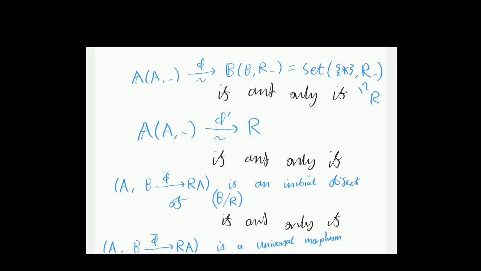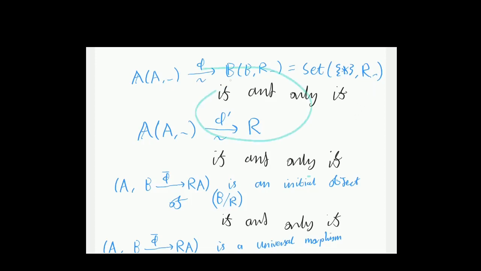In other words, if and only if R is representable. Why? Because if we get this natural isomorphism, then we can compose it with our delta here, and if we have this natural isomorphism, then we can compose it with the inverse of this delta to get back to this. So yeah.